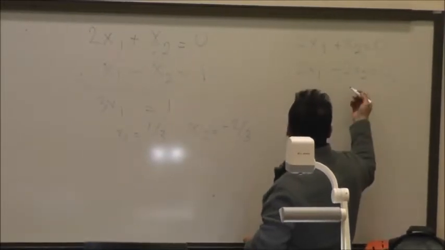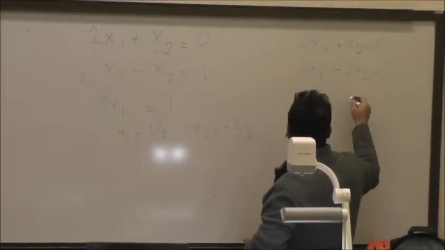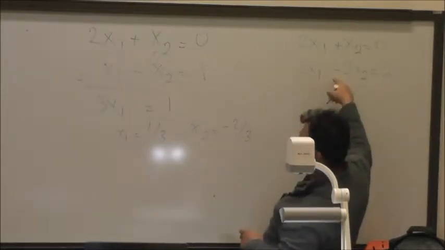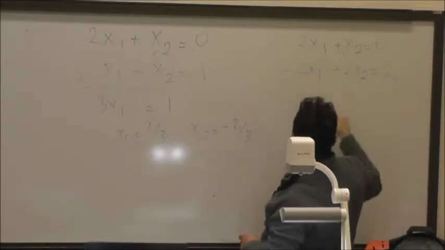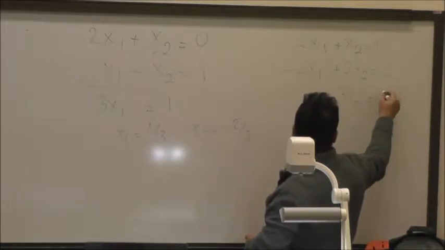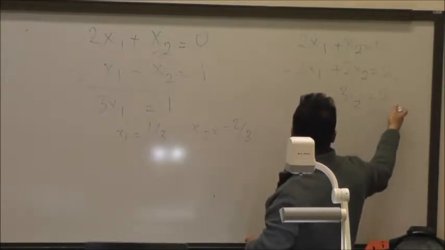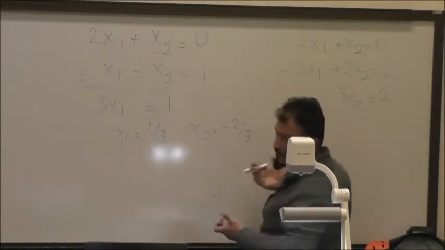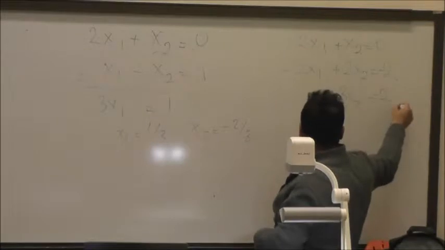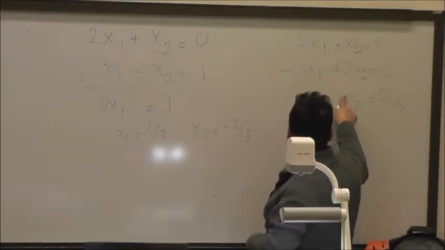So in this case, just subtract them. And 3x2 equals minus 2, and x2 equals minus 2 over 3. Alright, this is your x2.